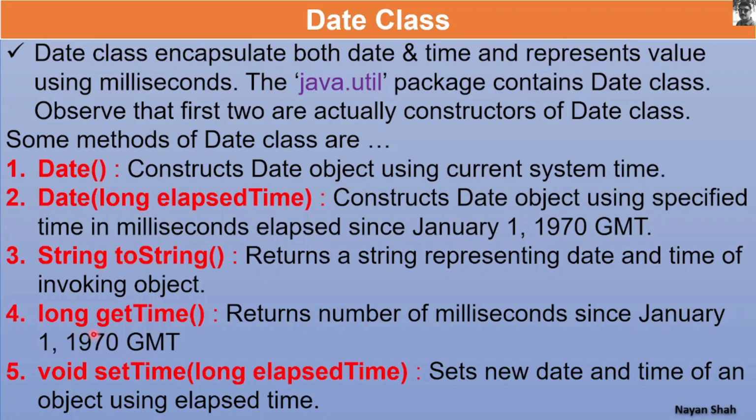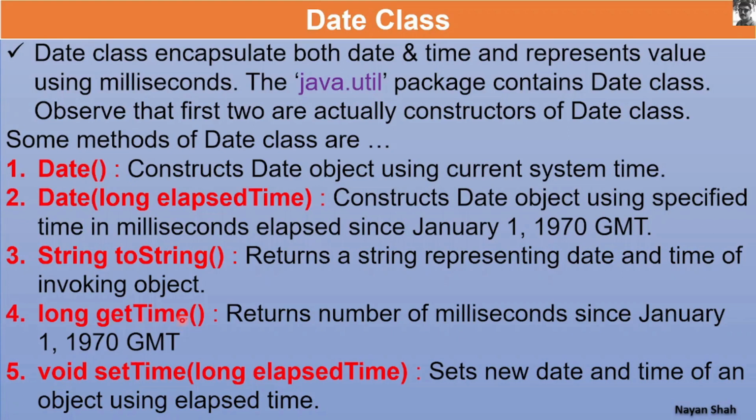The fourth method is long getTime. This will return the number of milliseconds since January 1st, 1970. This is opposite to the second constructor. Here we specify a date and time and it will return us the number of milliseconds.